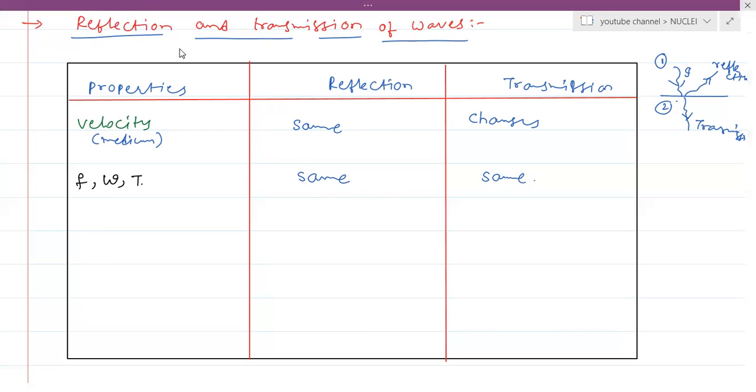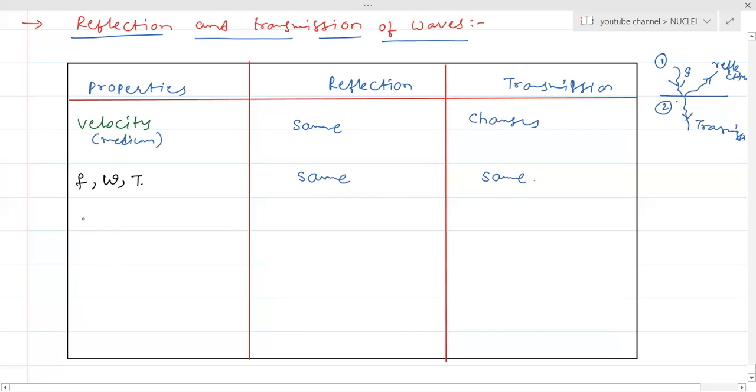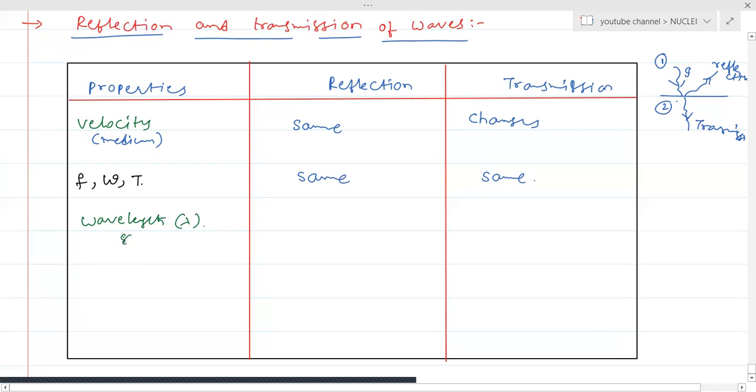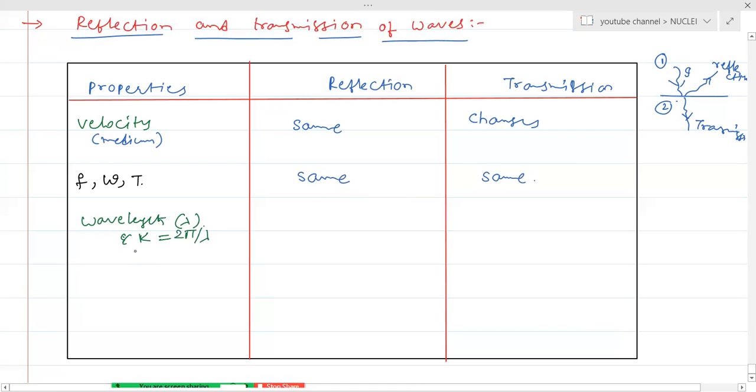Next, we are focusing on wavelength lambda, or else we take k, the wave propagation constant, k equivalent to 2 pi by lambda. We call k the wave propagation constant.